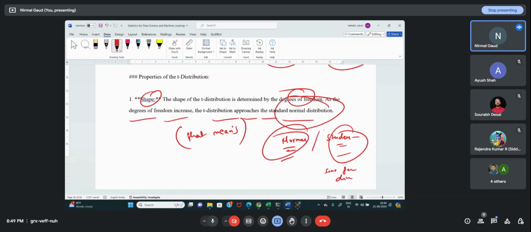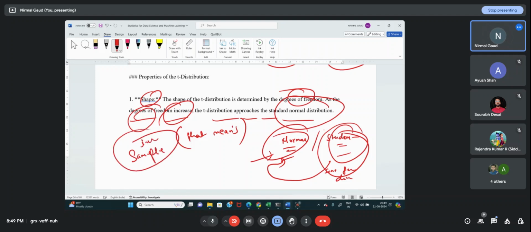However, in this particular case, you have many dimensions. But if the dimension increases, student t distribution will turn to normal. It will convert to the normal. If the degree of freedom increases, that means the dimension, the shape increases, if your data sample increases, then your student t will convert to normal.